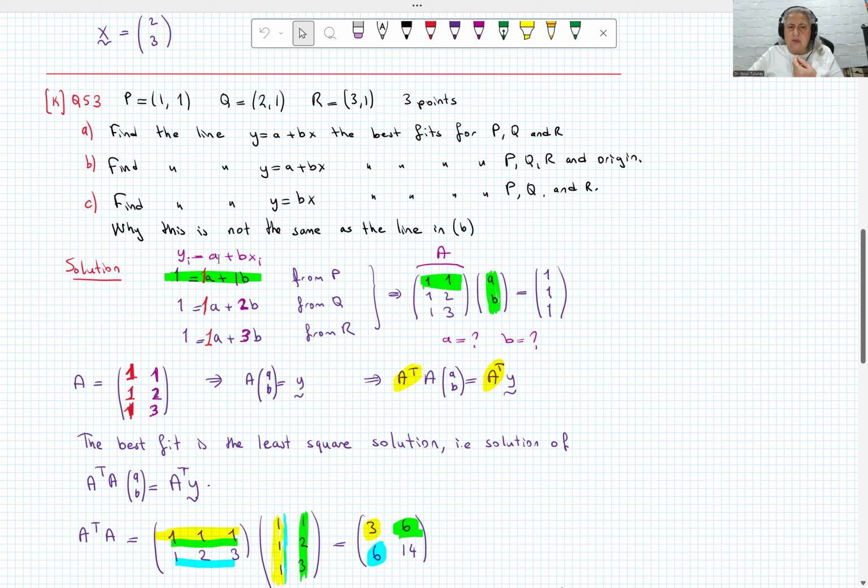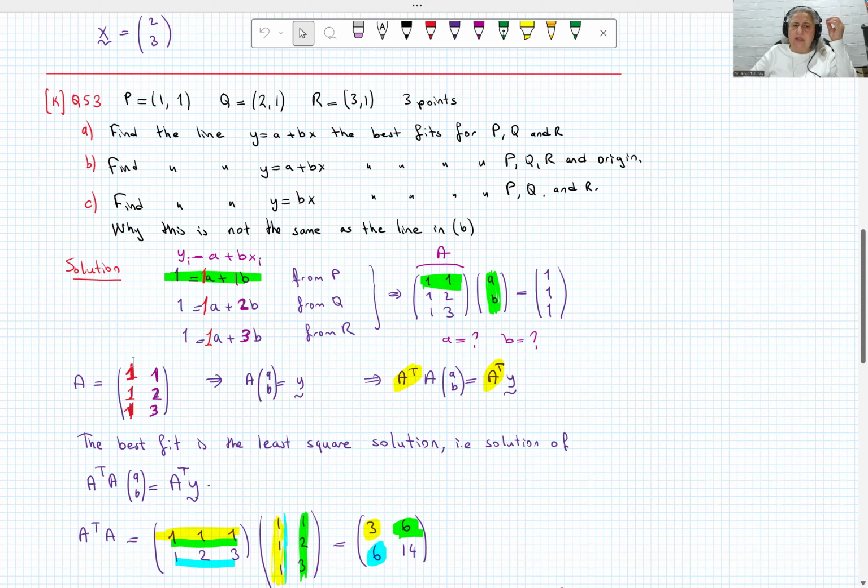The coefficients will be the matrix A, the unknowns A, B, and the right-hand side of the equation will be the vector B. So this is exactly the matrix times the unknown is equal to B. This is exactly what we've done in the first example. In this case, the matrix has 1, 1, 1 coming from the coefficients of A, and 1, 2, 3 are the coefficients of B, which are the xi's.